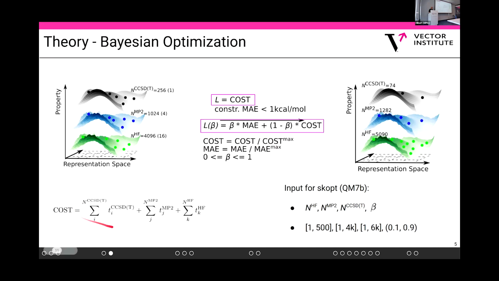So basically, you sum over all your training compounds and you add up the time you need to generate your training data. And the second one is combining cost and mean absolute error. The parameter beta can be between 1 and 0. It's also normalized between 1 and 0, the cost and the mean absolute error. So we then run this one and we get better ratios out there and reduce the timing while maintaining accuracy.